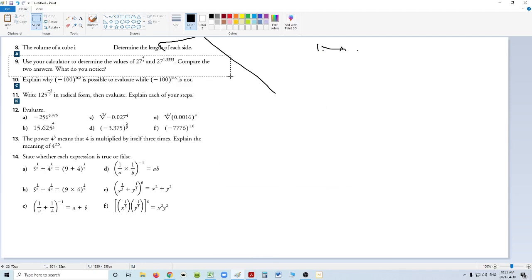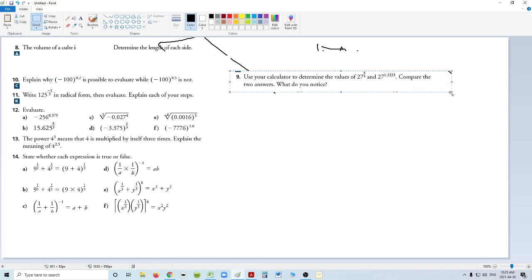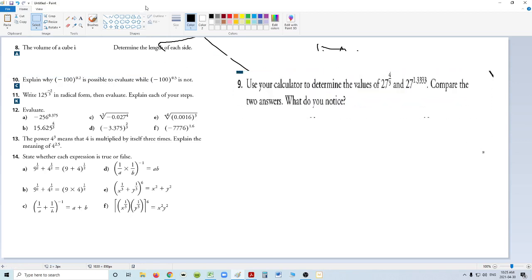Use your calculator to determine the values of this. What do you notice? Let's think about it carefully here. This is the cube root of 27, which is 3, to the power of 4. 3 times 3 is 9, times 3 is 27, times 3 is 81. This 1.333 is tricky.